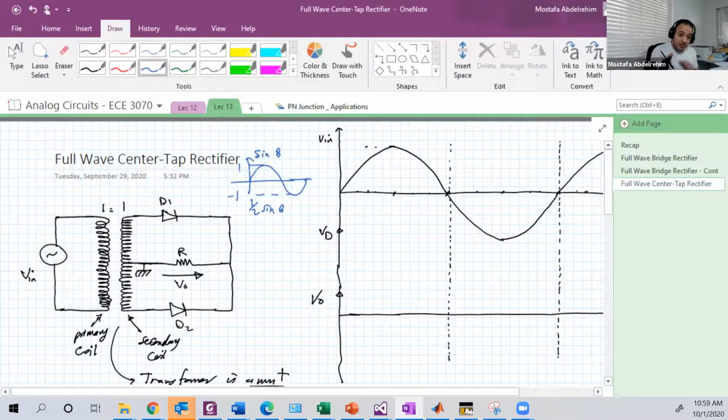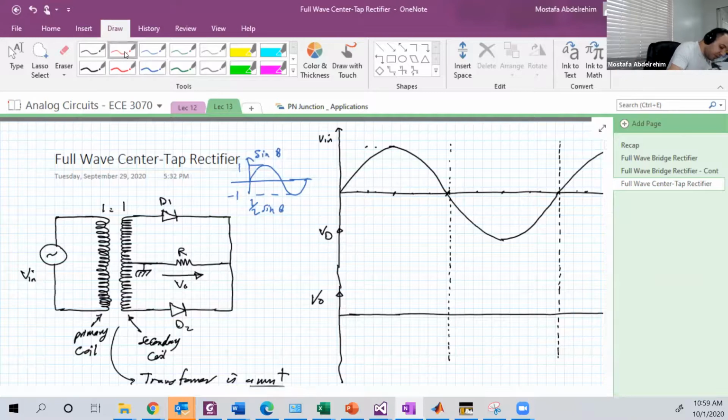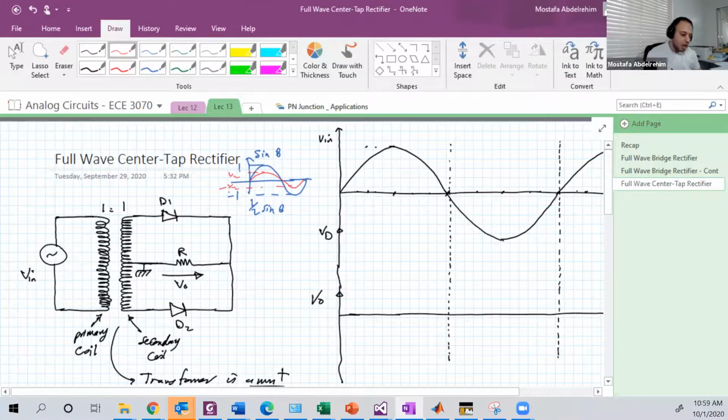Since the frequency is the same, half sine theta will be something like this, and this is half minus 1. Okay. So V input over 2 is actually something like this. If this is V max, this is V max over 2.